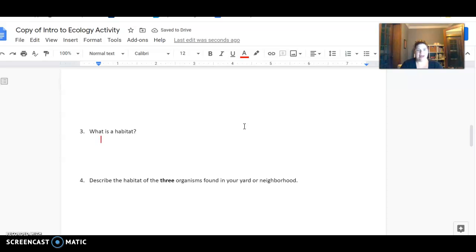So a habitat is not just a place. You can have multiple habitats in the same place, but a habitat is a set of characteristics that are unique to a specific organism.